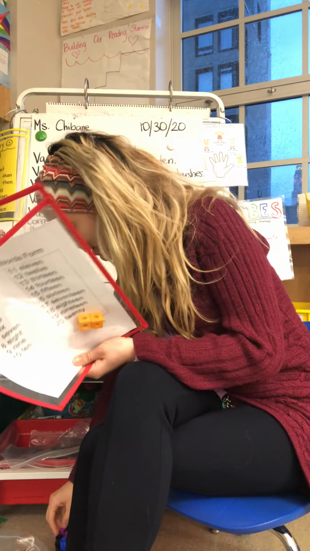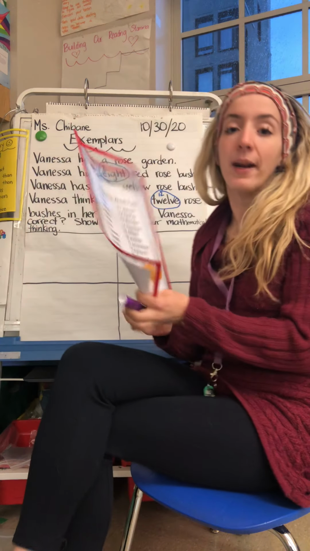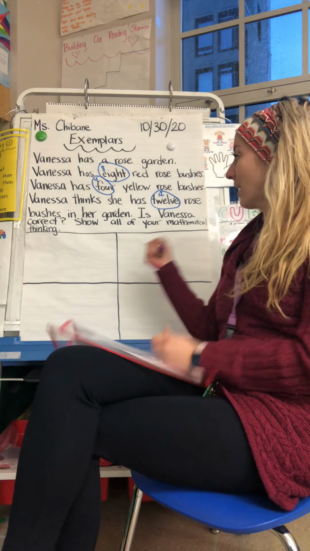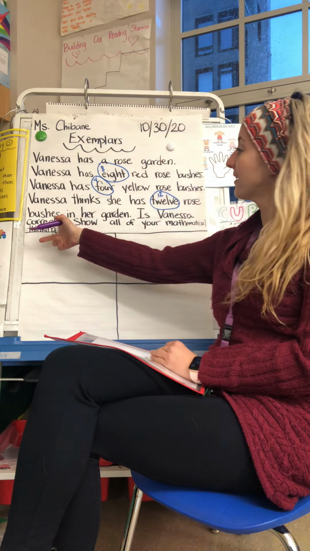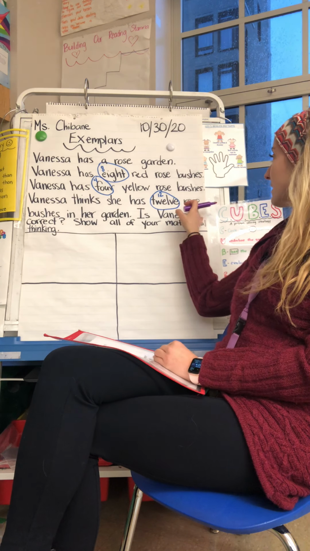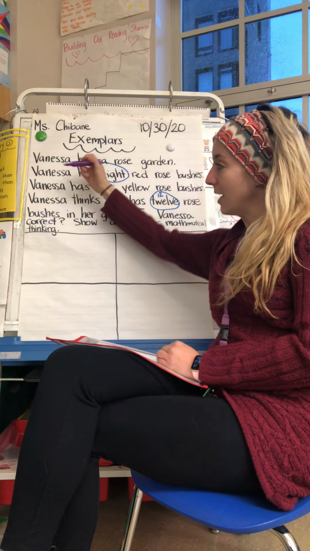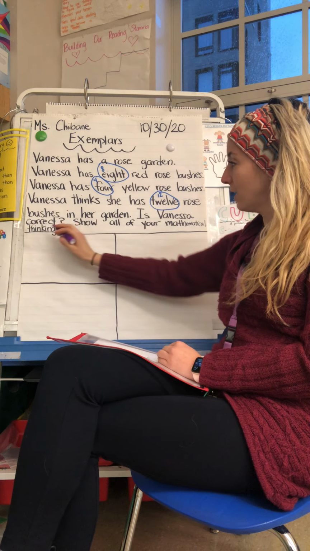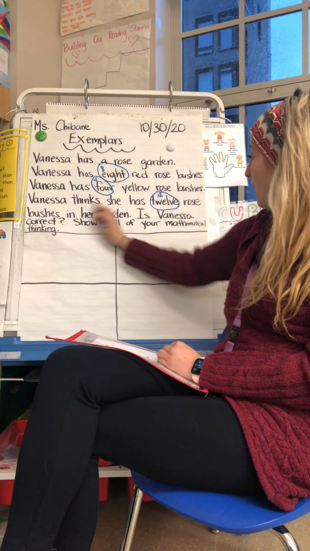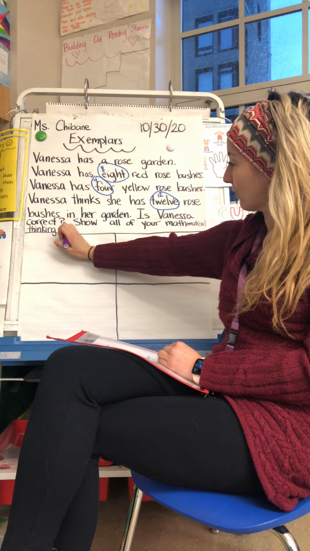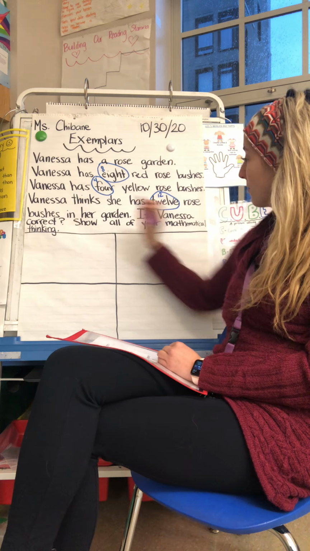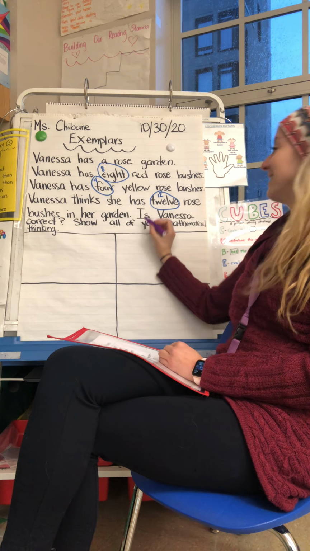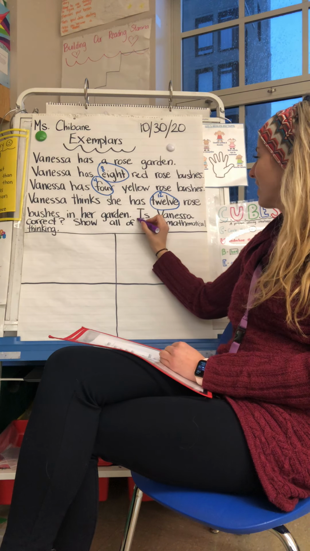Okay, now what is my question? Well, I know that a question ends with a question mark, and that the first word in a sentence begins with a capital letter. So, where is that? Correct? Question mark? Is. Sorry, I don't know why my mind went there.